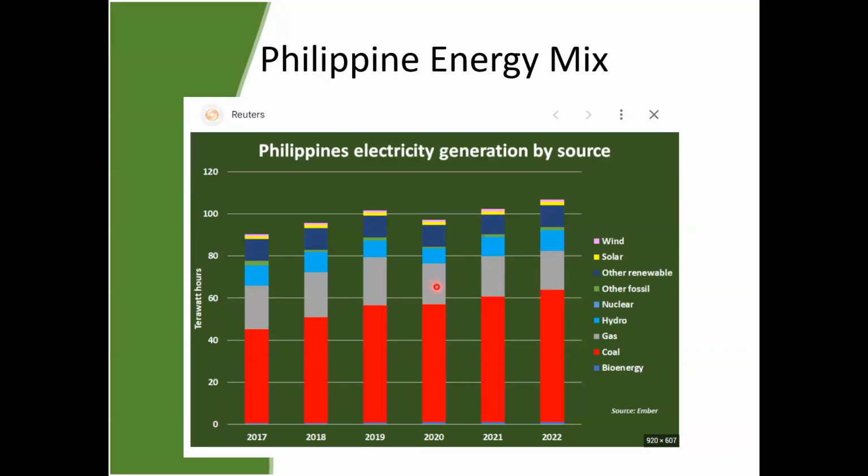But I think it really would depend on the policies being made by the government, because it's still possible to invest in renewable energy. It's just that I think there's something wrong with the policies being made.